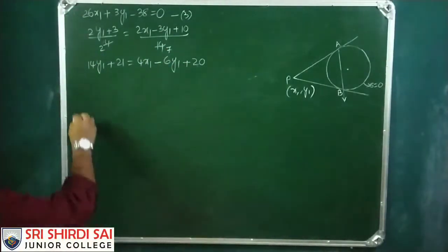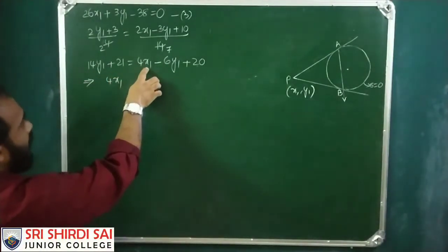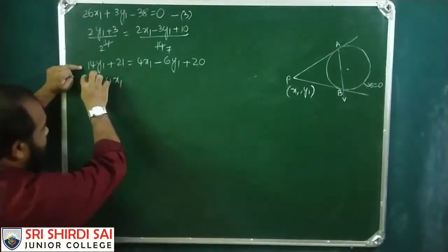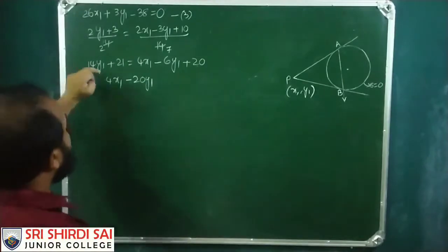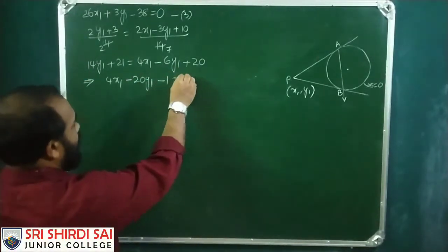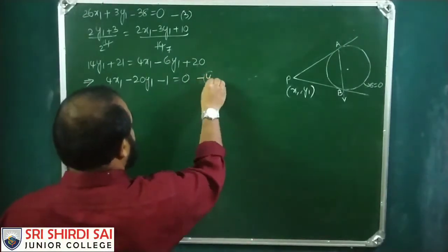So this is 4x1 minus 6y1 minus 14y1, minus 20y1. This is 20 minus 21, so minus 1 equals to 0. So let us suppose this is the fourth equation.